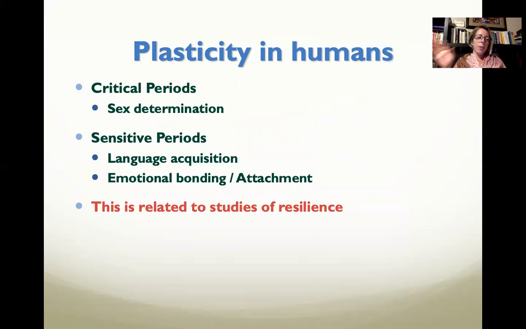So yeah, that was a cute story about the geese, but what about humans? For humans, there's not a whole lot that is critical periods. We have a lot of this other type of thing I mentioned before, sensitive periods. The critical period I haven't had a ton of pushback on, that I have argued for, is sex determination. If we're talking about sex in terms of X and Y chromosomes, that is set in stone once a sperm enters an egg.